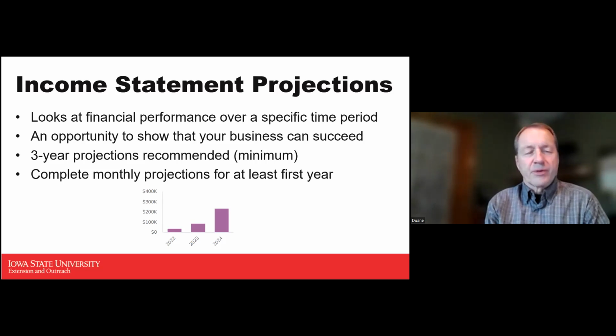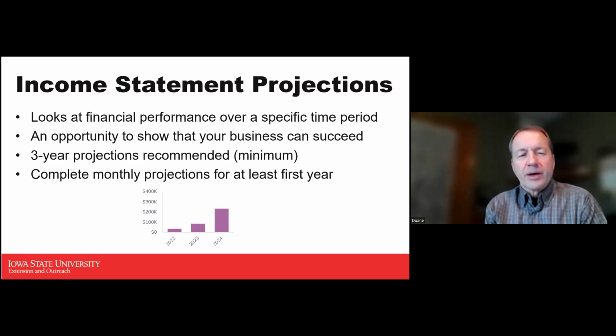Oftentimes in an ag business, the revenue comes in chunks, and it comes when we sell a commodity or we take livestock to market or those sorts of things. So our revenue is not even from month to month.